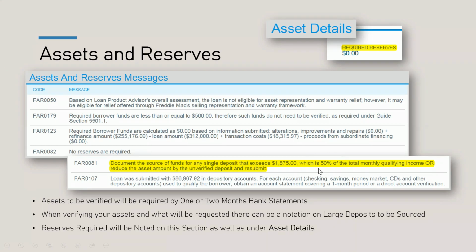It does say this is 50% of your total qualifying monthly income. Most of the time when you do LP, it's going to say if it's more than 50% of their income, we need to know where that money came from. So do keep that in mind if you are seeing that, and look at this section here under assets and reserves to make sure it's telling you what funds you need to source.